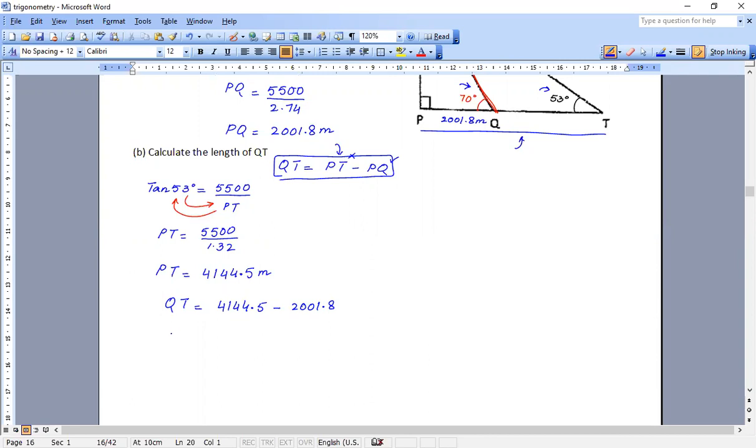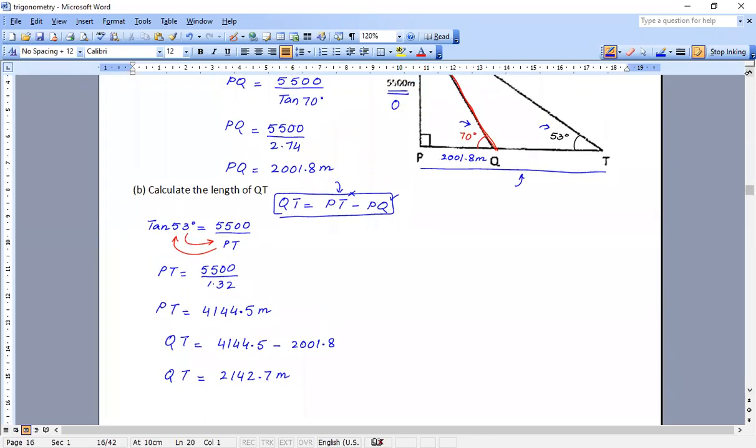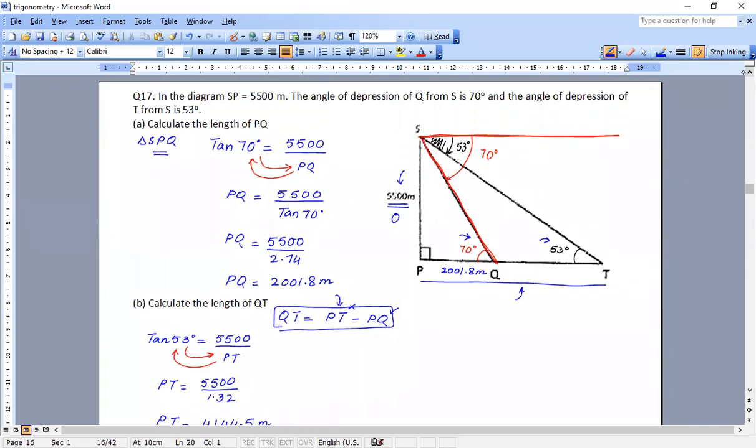And the difference is going to be the final answer, which is 2142.7 meters. Okay, so this is question number 17.